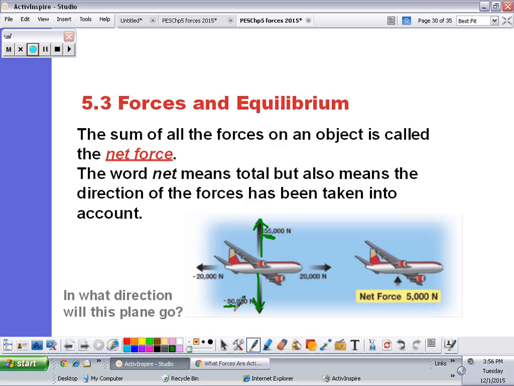So they don't equal out, so they only cancel out 50, so you're left with 5,000 newtons upward because this negative 20,000 to the left and 20,000 to the right cancel out. So your net force is what's left over, 5,000 newtons to the top, pushing the plane up so it could fly.